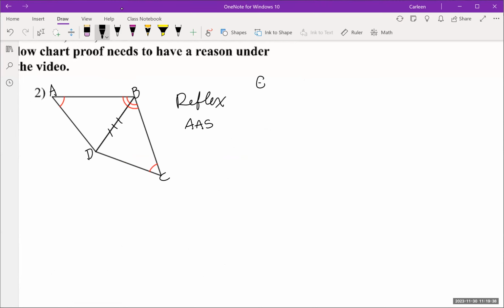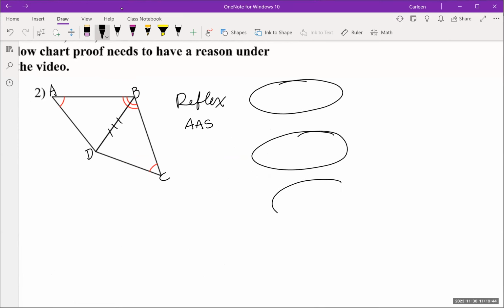Okay, so given, we see from the picture on the test, it would actually say this: angle A congruent to angle C. This is just practicing. On the exam, you will have to do a flowchart proof. Okay, on the week 13 exam. But some of you have already taken that. This is given.